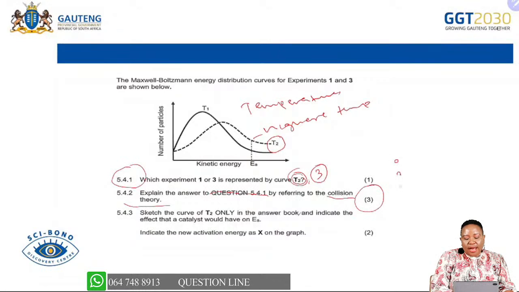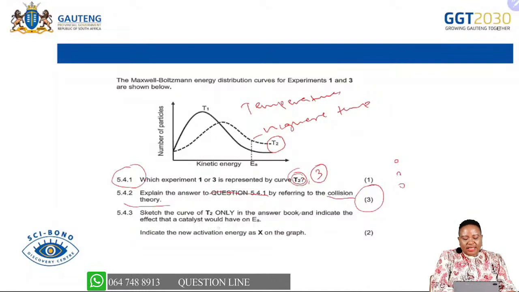We are using bullets, so we must make sure that as we are using bullets, number one, it must be the factor. Number two, it must be about the particles, more particles that will have energy that is greater than or equal to the activation energy. And number three, it is more effective collisions per unit time.